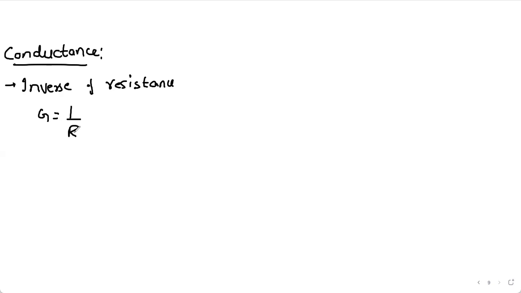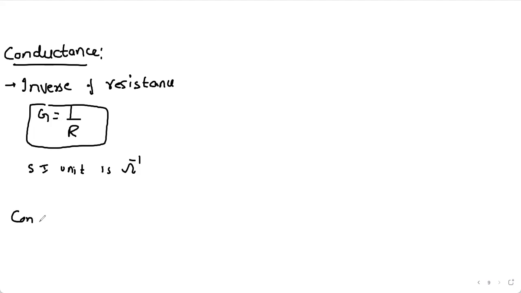One by R, that's the inverse of resistance, known as conductance. Its SI unit is ohm inverse. Then after conductance, we have conductivity.